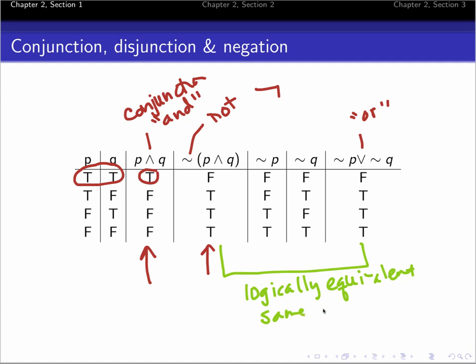Same truth table. Which means that those two things are logically equivalent. So not (P and Q) is the same as saying not P or not Q.